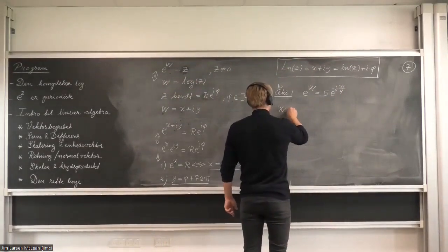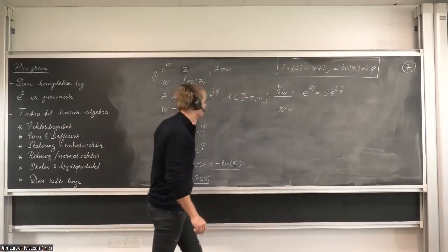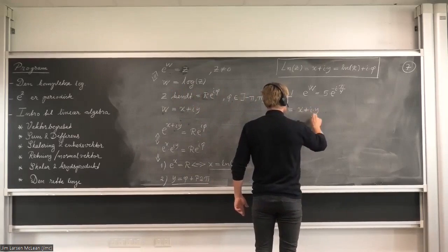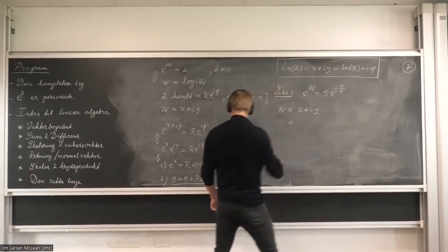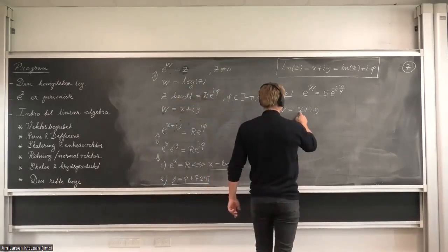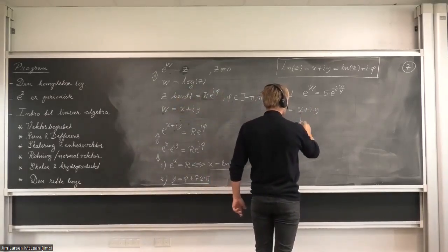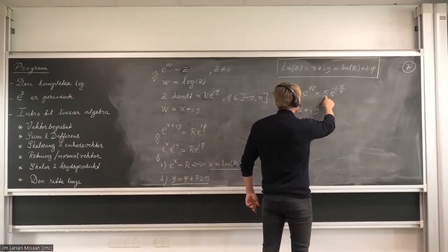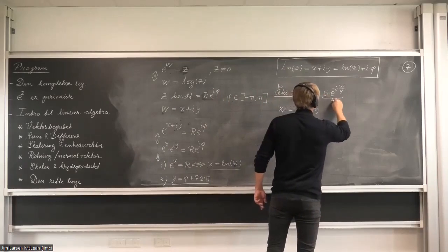So if I need to find w, what should I do? Well, I know that w is x plus i times y, so that's what I can start by writing down. So basically, I just need to find x and I need to find y. And I should find x like this. We had concluded that here. So instead of x, I can write the natural real logarithm of 5, because that is the modulus of c.